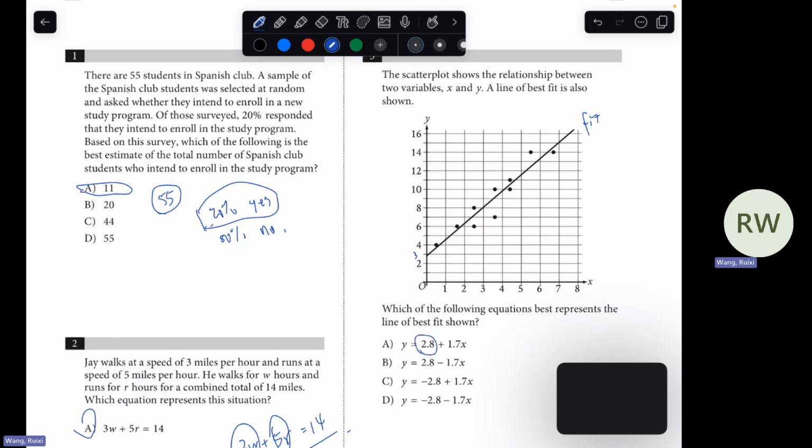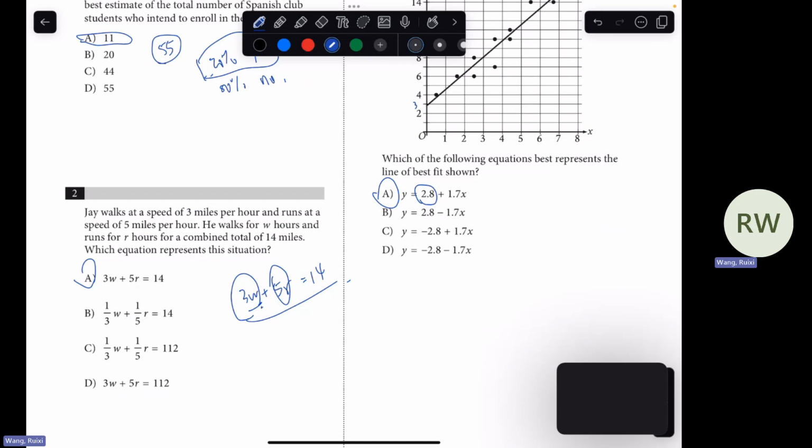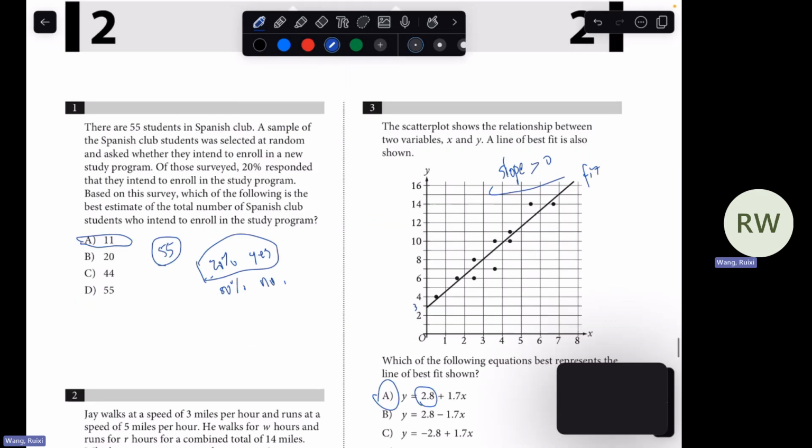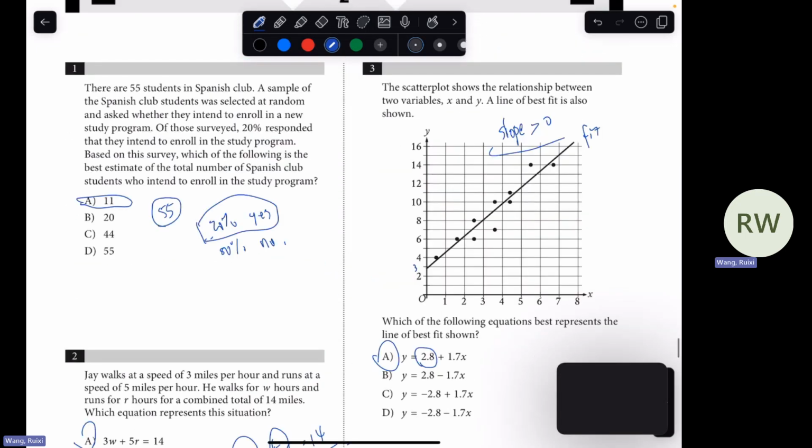And your slope is positive, right? By experience, we know the slope is positive. So you have positive slope and intercept is 2.8, so it's A again, right? It's not B because the slope is wrong, not C or D because the intercept is negative 2.8. Okay. Just double check that you read these questions carefully.